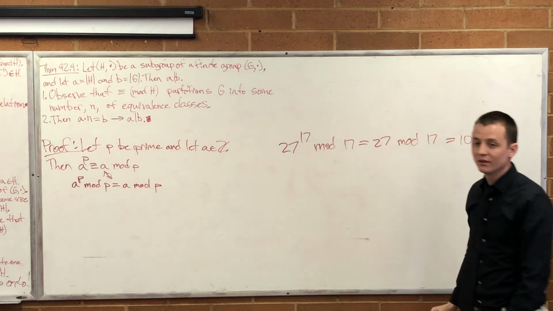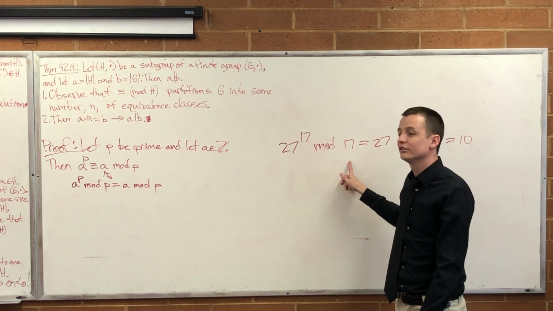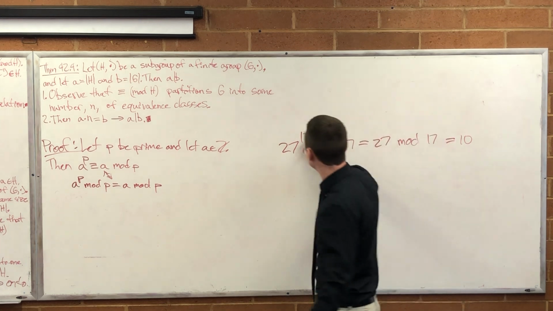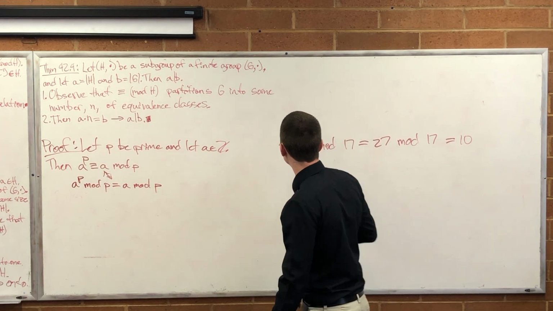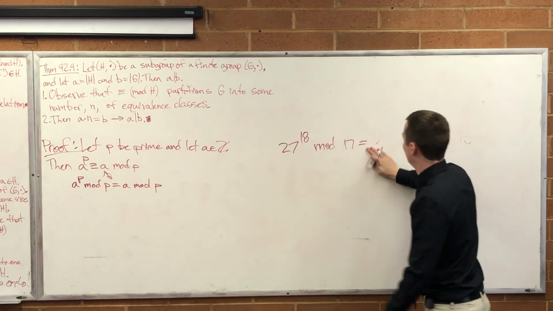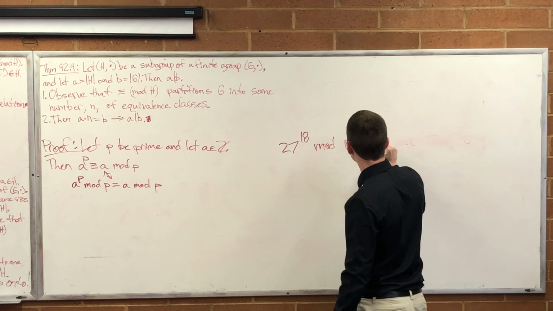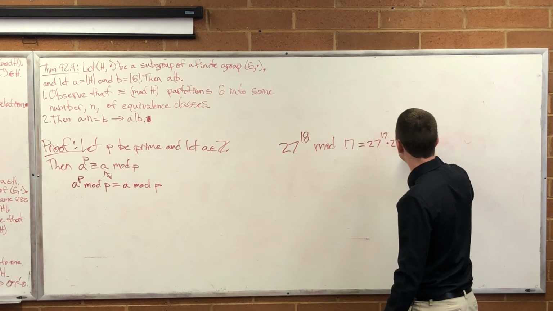Now you see it. It also helps us even if the exponent isn't a prime number, as long as we're still dividing by a prime number. Because if I had 27 to the 18 mod 17, that's the same thing as 27 to the 17 times 27 mod 17.